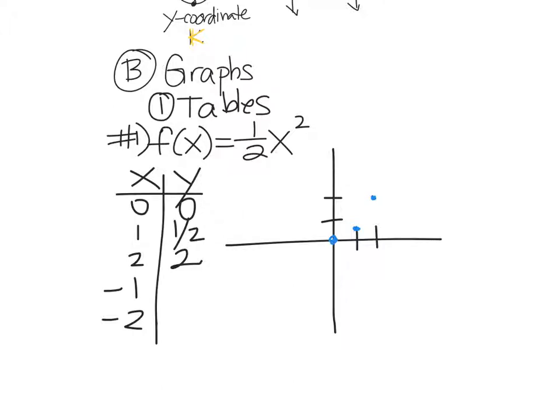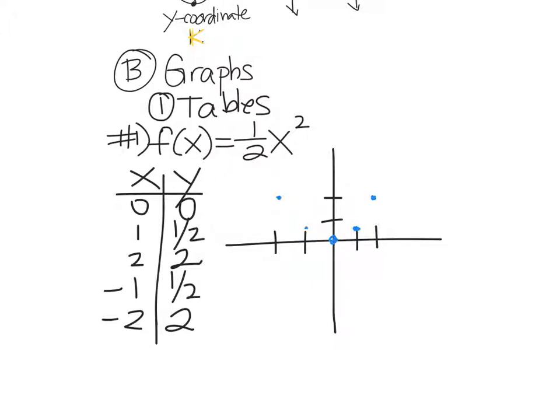And now let's plug in the other ones. When I square -1, I get +1 times 1/2. And when I square -2, I get +4 times 1/2. So I'll go over to -1 and plot (-1, 1/2), and (-2, 2).